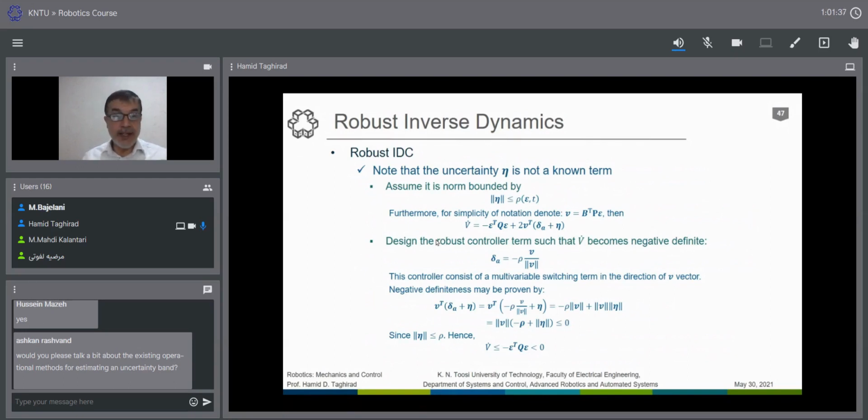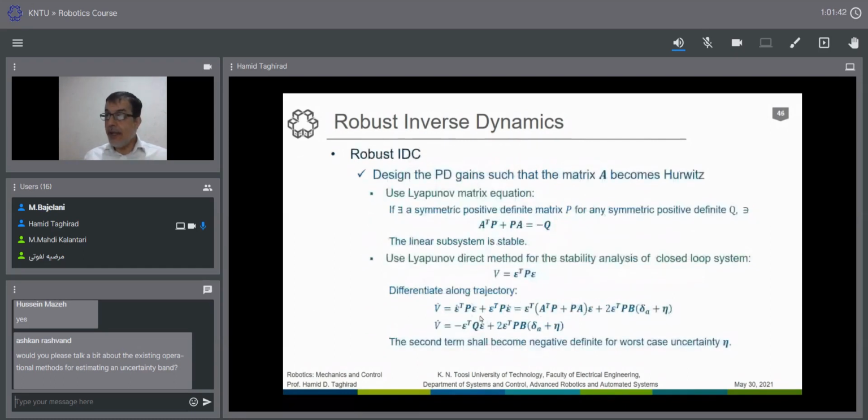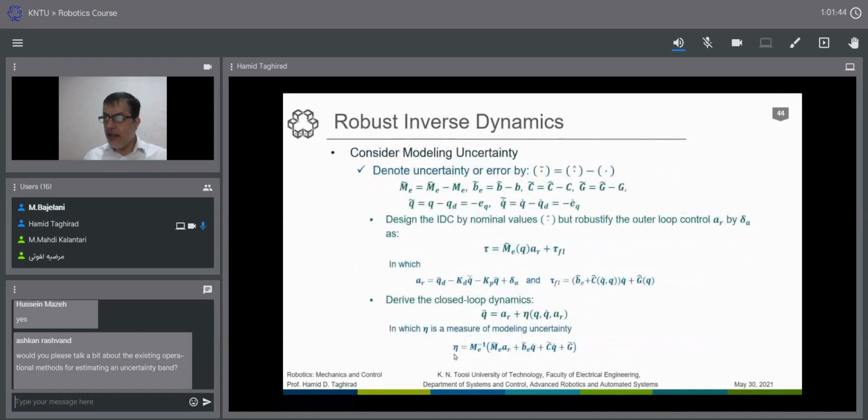If I would like to answer the question of Ashkan, go back and see what eta was. Eta depended on the error of the trajectories, the Kp, Kd gains, the closed loop dynamics, the error in the mass matrix, the error in the viscous friction matrix, the error in the Christoffel matrix, the error in the gravity matrix, and so forth and so on.